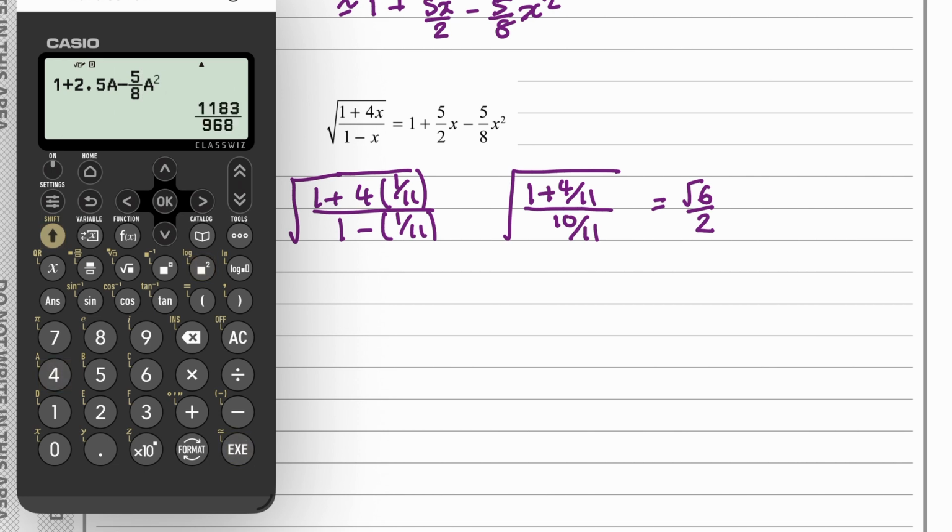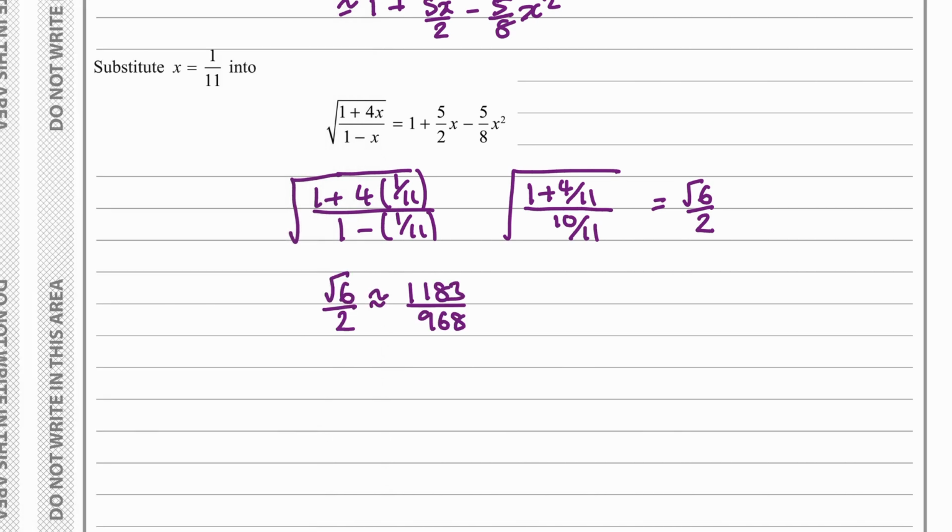And this will give us 1183/968. And to find an approximation to root 6, I'll multiply both sides by 2. And when I work this out, I get approximately 1183/484. Okay?